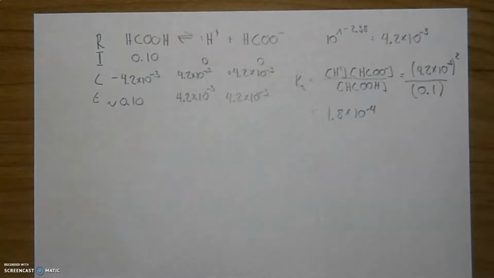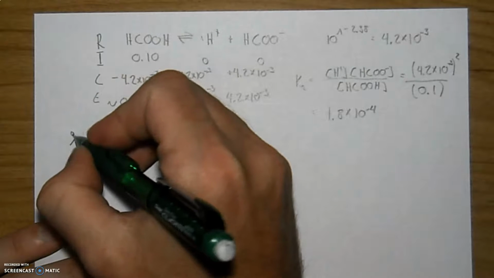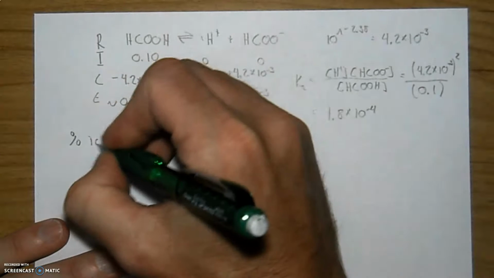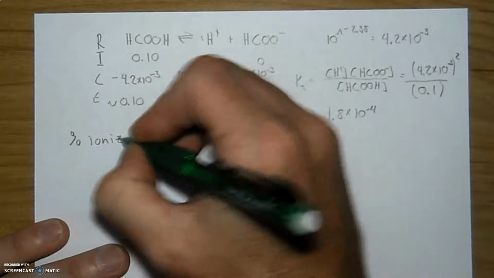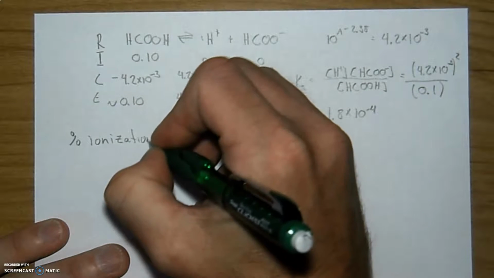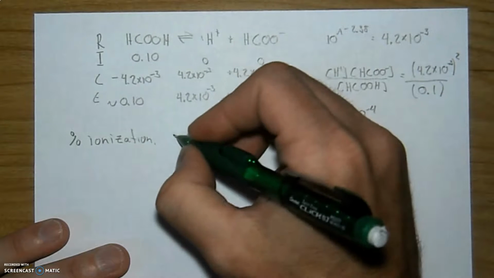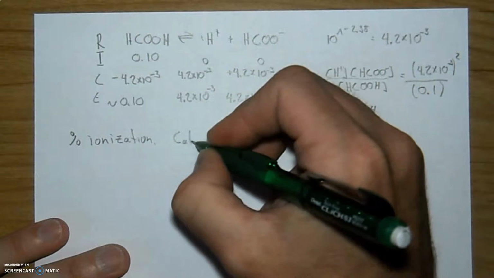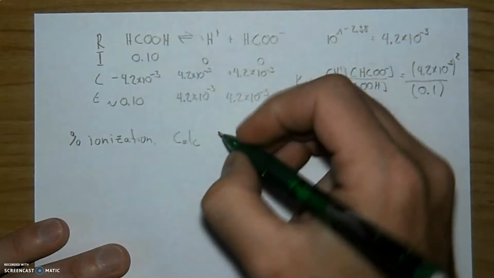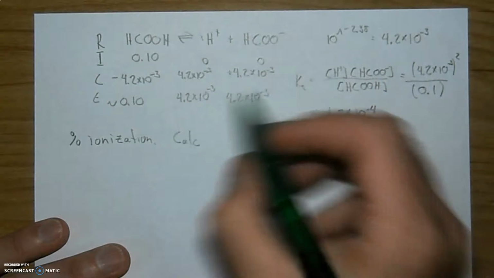Now, we can go one step further for this particular problem, just so we have a little more familiarity with it, and say, well, what is the percent ionization? And we can calculate this based on these values up here.